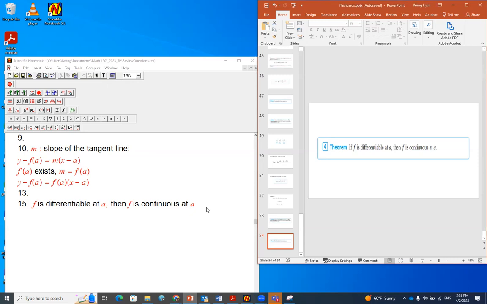In another lesson, I talked about the relationship between limit and continuity.